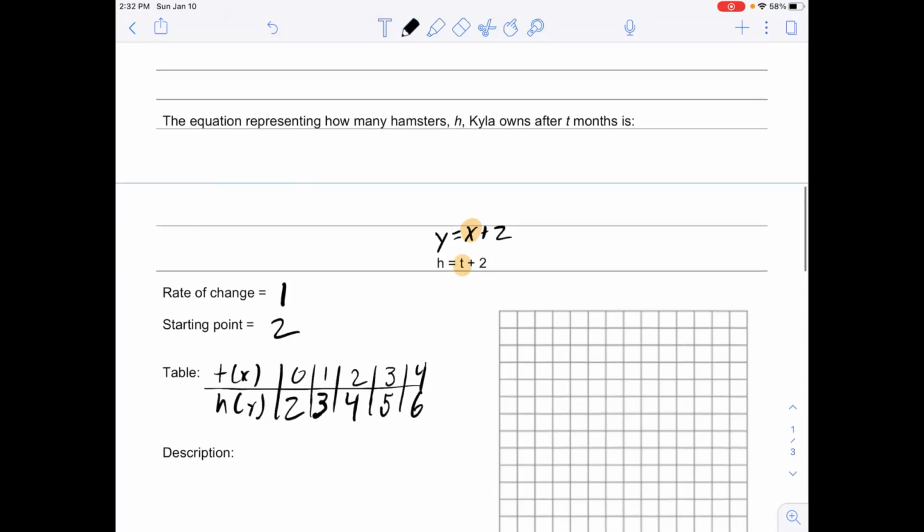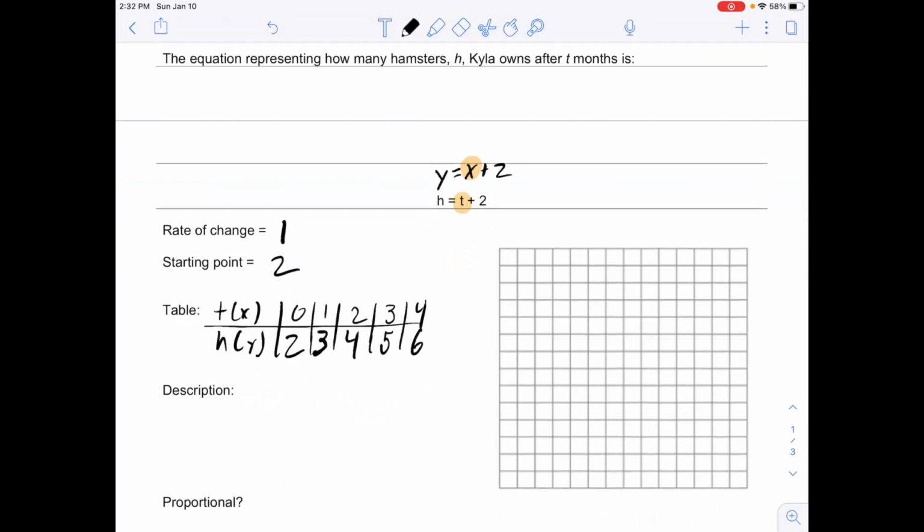So looking at this, let's put this in the story of Kyla's hamsters and months. So at 0 months, Kyla has 2 hamsters. After 1 month, Kyla has 3 hamsters. She likes hamsters, so she gets another one. After 2 months, she gets another hamster. Now she has 4. At 3 months, she has 5 hamsters. And at 4 months, she has 6 hamsters.